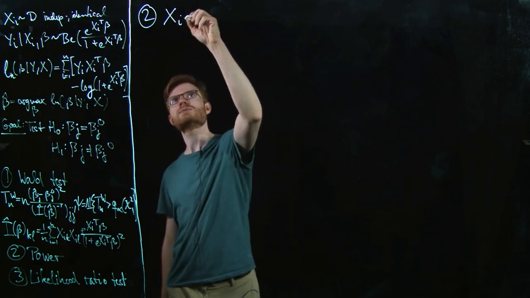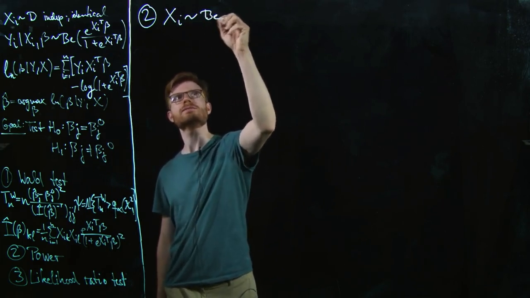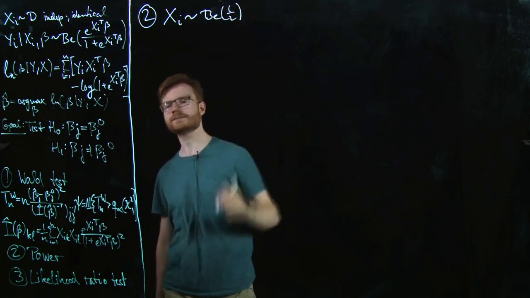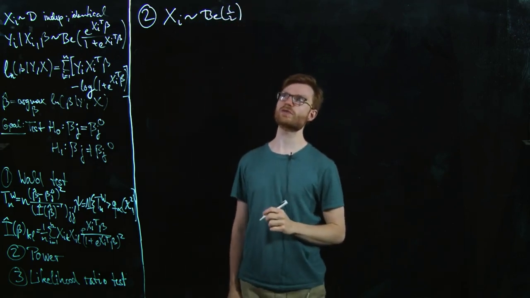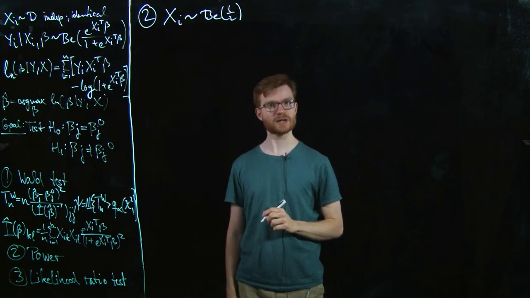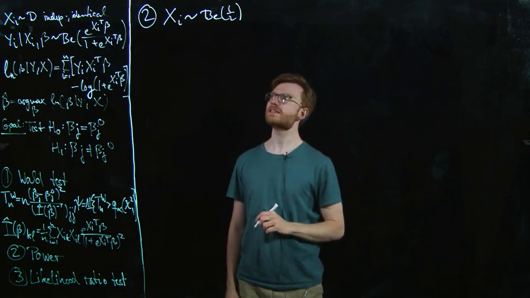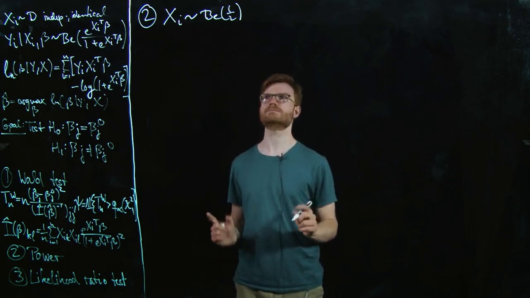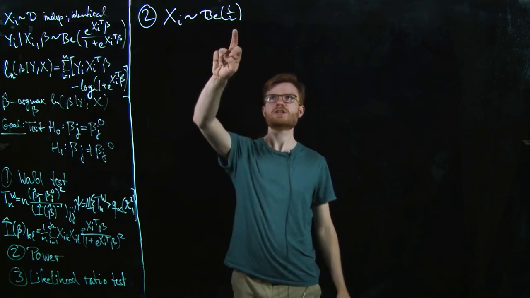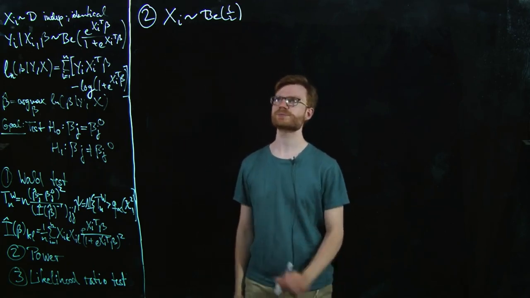And for this, let's put everything in 1D, and let's assume that our covariates are actually Bernoulli 1/2 random variables. That means there's only two possible values, 0 and 1, and they occur with probability 1/2.